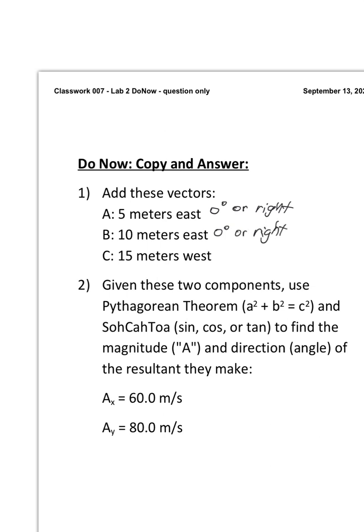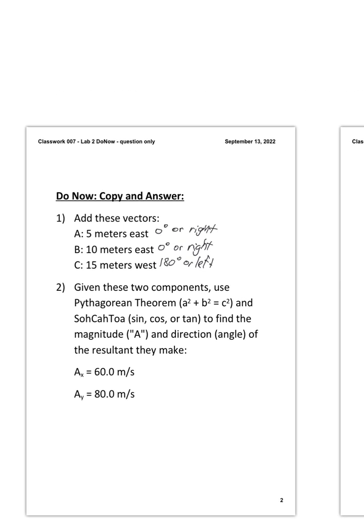And west is 180 degrees, or left. Again, you could do this to scale if you wanted to, but we have 5 meters to the east.